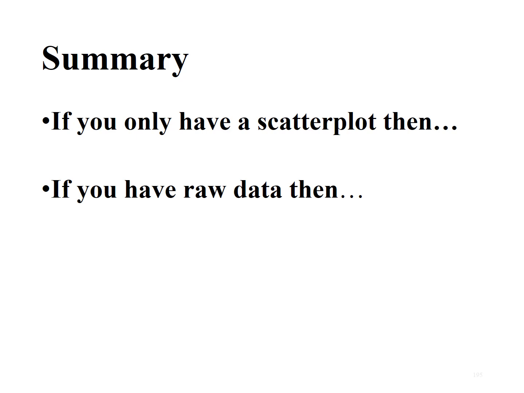Now, if you have raw data, then you need to calculate those 5 basic statistics: the mean of x, mean of y, standard deviation of x, standard deviation of y, and the correlation coefficient between x and y. Once you have your statistics, you use your formula for slope, r times SD of y divided by SD of x.